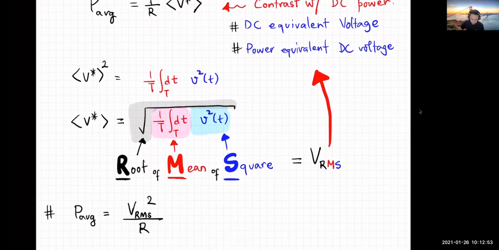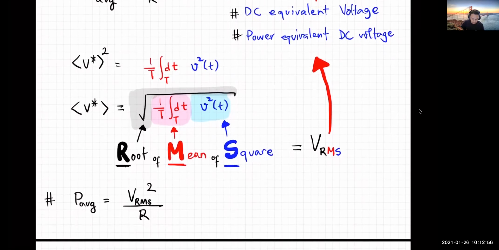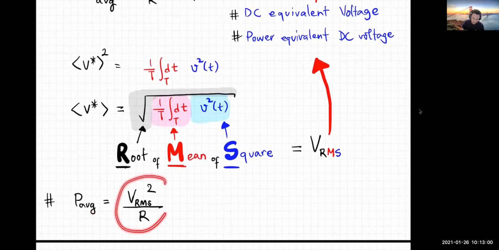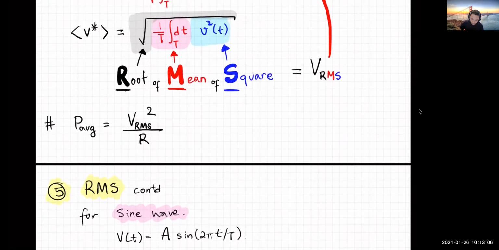And again, just rewriting it, the average power of a time varying signal is then the RMS voltage squared over resistance.